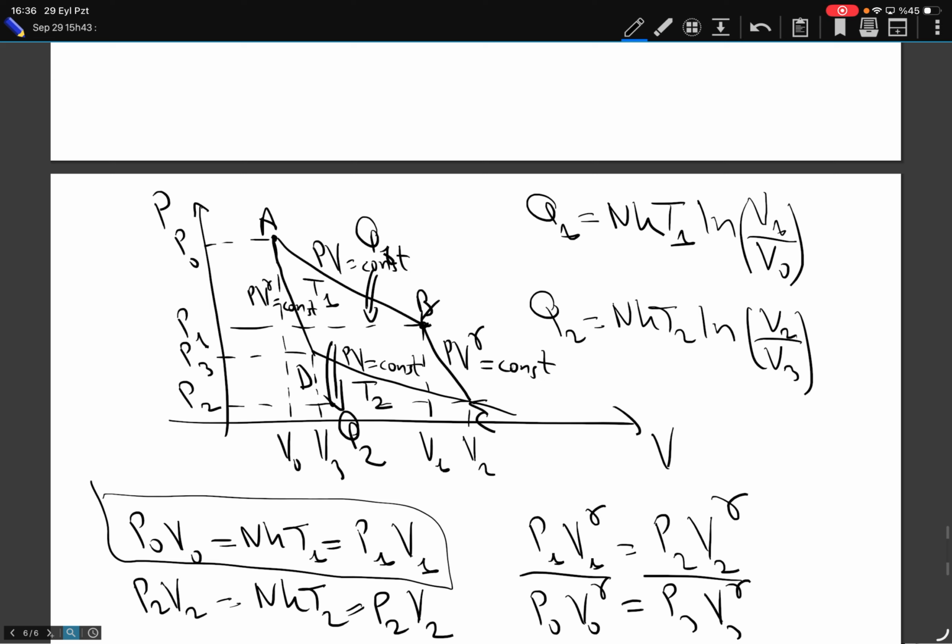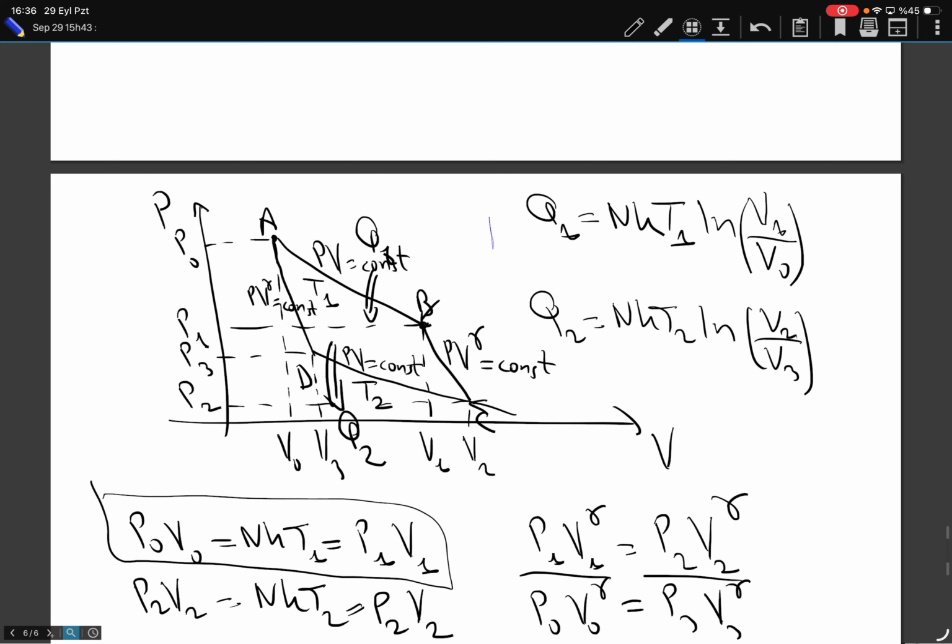Well, you see, Q1 and Q2 are not both heat given to the system. Q1 is the heat given to the system. Q2 is the heat that the system gave away. So that's why the ratio of the volumes is not always the final volume over the initial volume. There's a sign difference between those two.